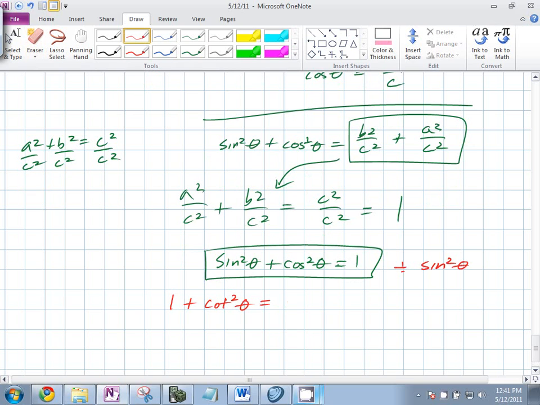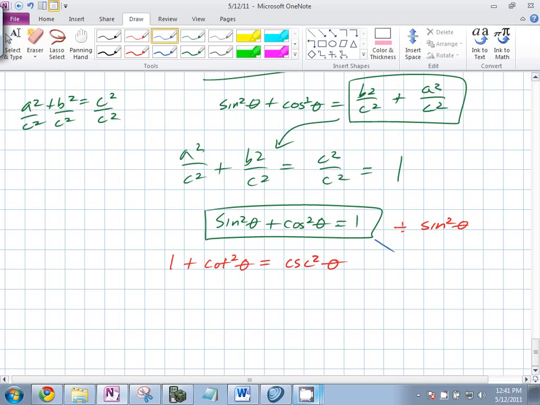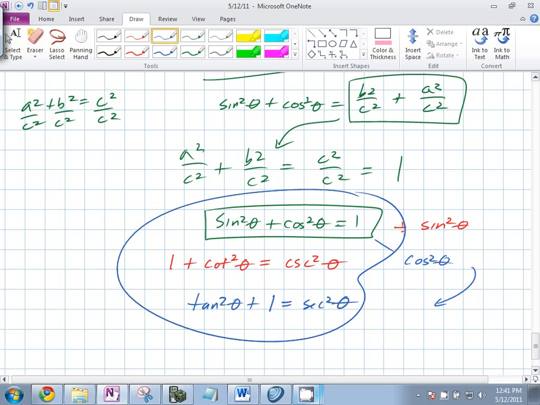And if you divide by cosine squared instead, what do you get? Well, what's sine over cosine? Tangent squared theta plus 1 is equal to 1 over cosine, which is? These are the 3, right? But they're all a result of this. Those are the Pythagorean trig identities.